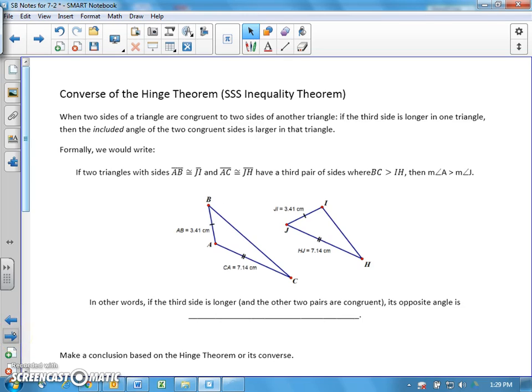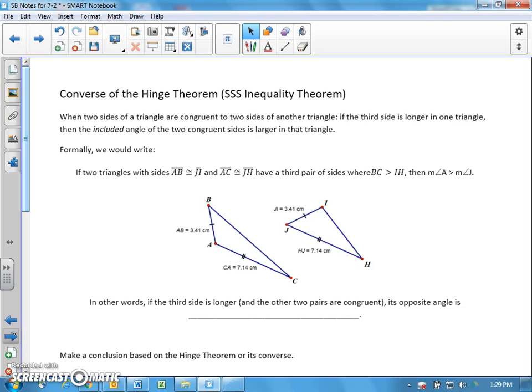Now let's move on to the converse of the hinge theorem. This is kind of a reverse. This is our SSS inequality theorem. When two sides of a triangle are congruent to two sides of another triangle, if the third side is longer in one triangle, then the included angle has to be larger in that triangle. So it's the same situation here.